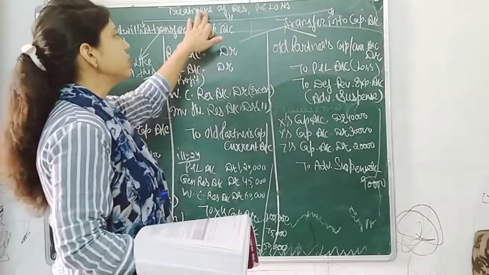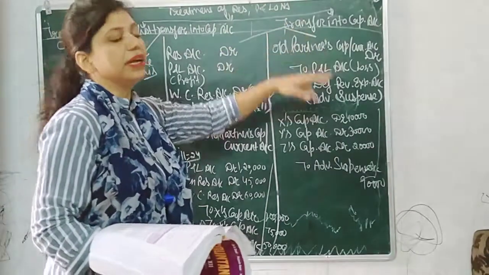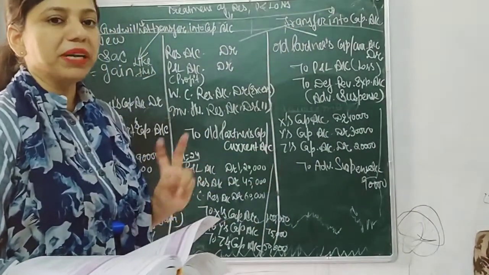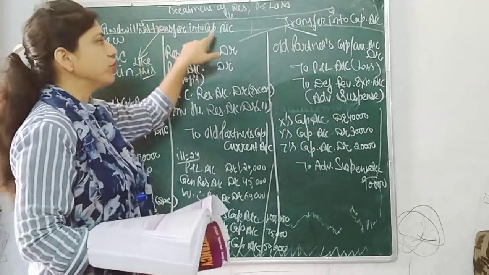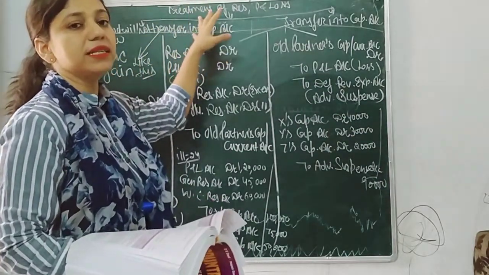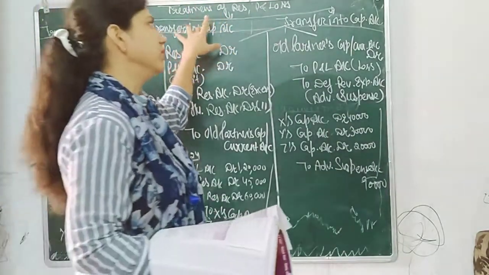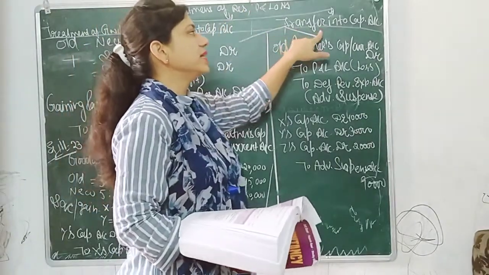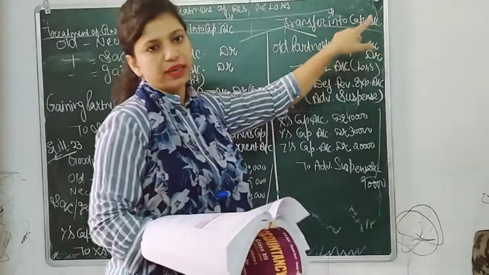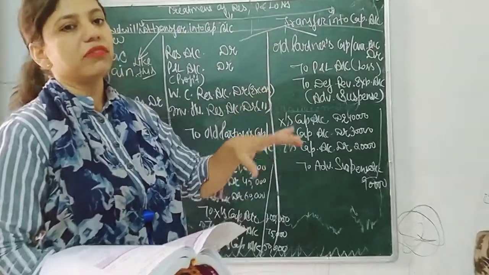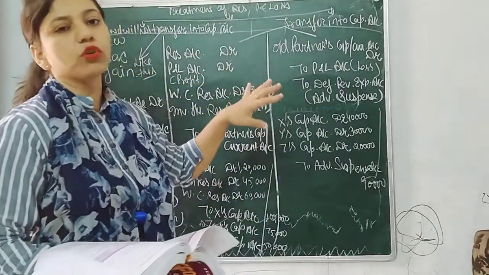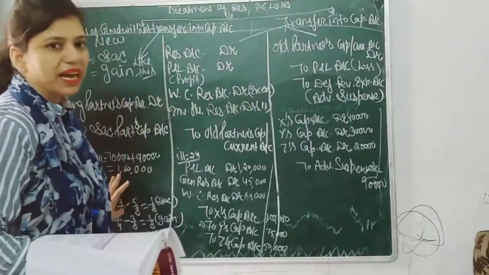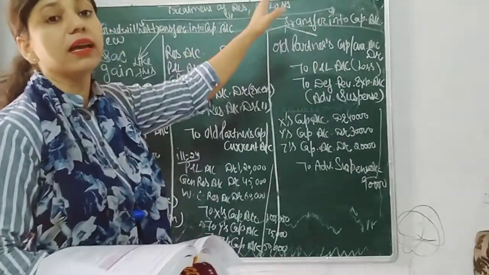Now we will discuss treatment of reserves, profit and loss. There can be two situations. The first one is when all these things are not transferred into capital account, and the second is when all these things are transferred into capital account. It's quite simple. When they are not transferred into capital account, then we have to treat all these things like goodwill.